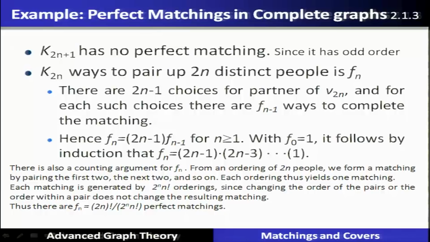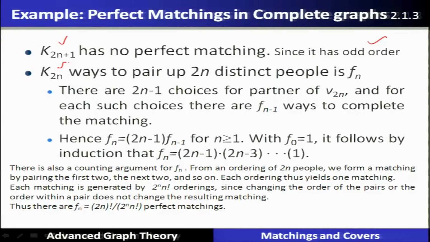Now, let us go and see more details. If, let us say, it is a general graph, that is K 2n plus 1, this particular graph does not have a perfect matching. Why? Because it has an odd order. There is a possibility to have a perfect matching in a complete graph K 2n.